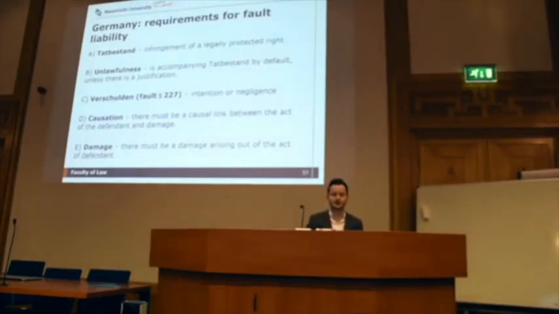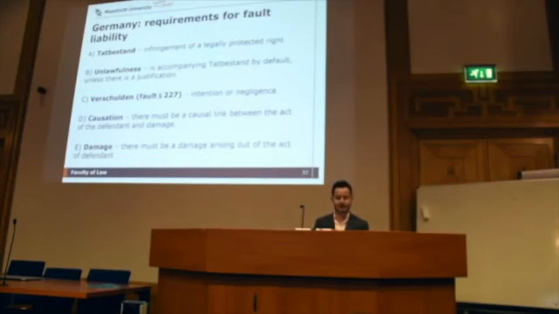Furthermore, the general right of personality has been recognized in the case law of the Bundesgerichtshof since 1954, not only as a basic right constitutionally guaranteed by Article 1 and Article 2 of the Basic Law, but also as a right that is not explicitly mentioned in paragraph 823 subparagraph 1, but shall fall under the scope of other rights protected under this provision. Paragraph 823 subparagraph 2 requires violation of a statutory rule.